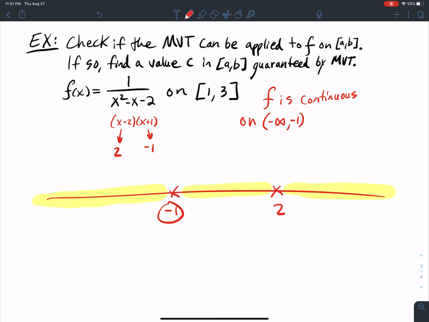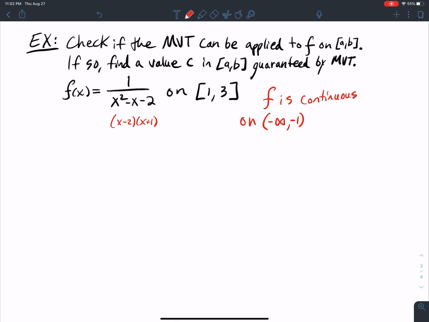From college algebra, in interval notation we use the U for union to combine everything together, and that's where f is continuous. So it's split up into 3 pieces, just like I drew in that little picture.